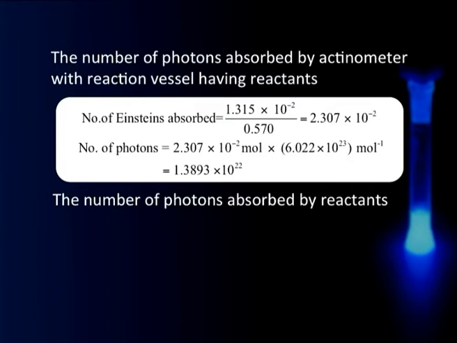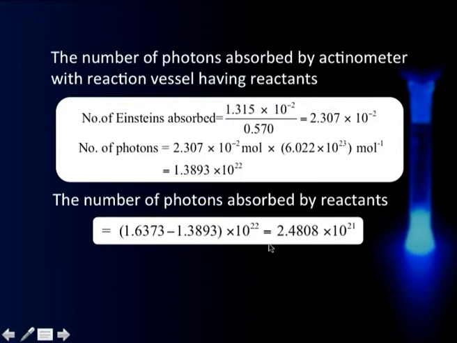That means we can find the number of photons absorbed by the reactants to be the difference of those two numbers. This is when the reaction vessel was blank, and this is when it contained the reactants. Subtracting, we find that the number of photons absorbed by the reactants happens to be 2.4808 × 10²¹.